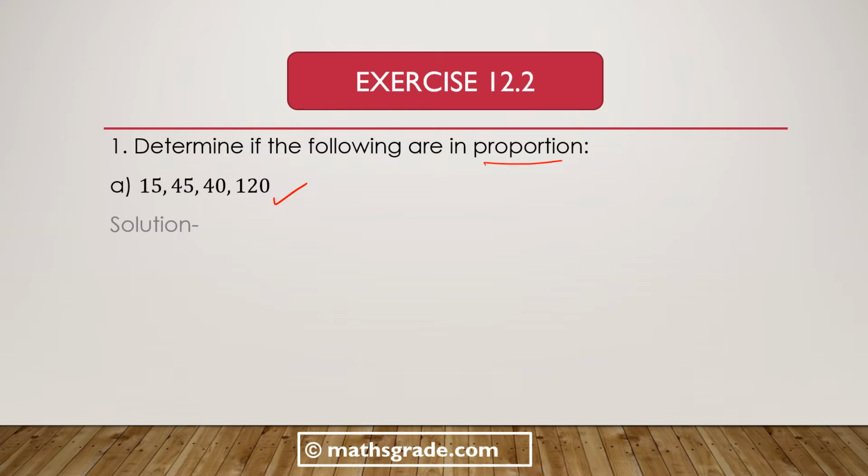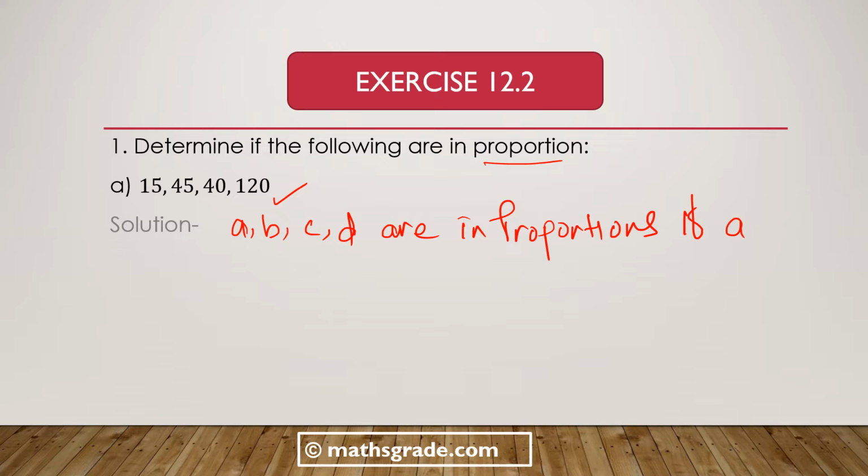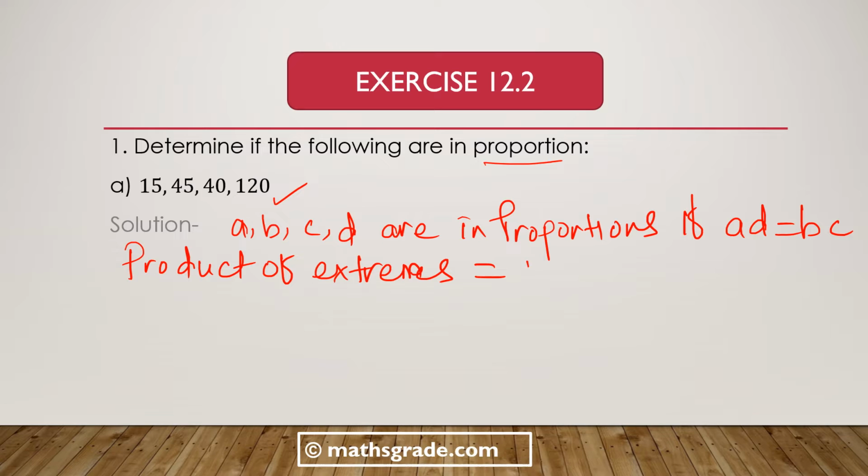We know four numbers A, B, C, D are in proportion if A by B equals C by D, that is product of extremes equal to product of means.